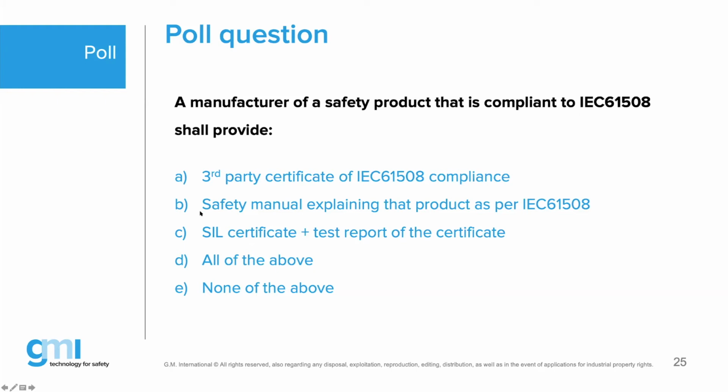The second one had 9% correct, which is not much, but at least 9% of you were correct. The safety manual is a normative requirement. That means no manufacturer can provide you with a product after April 2010 without giving you a safety manual explaining the content from the 61508 requirements.